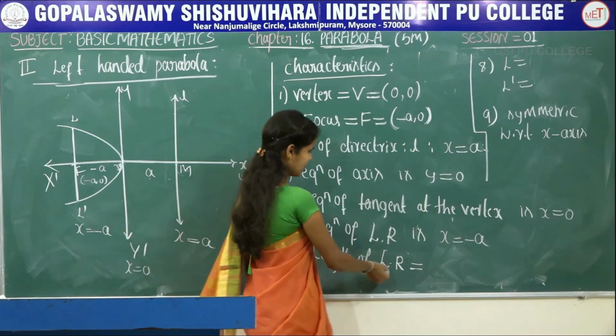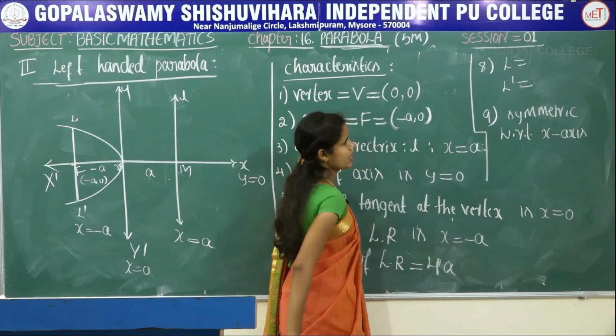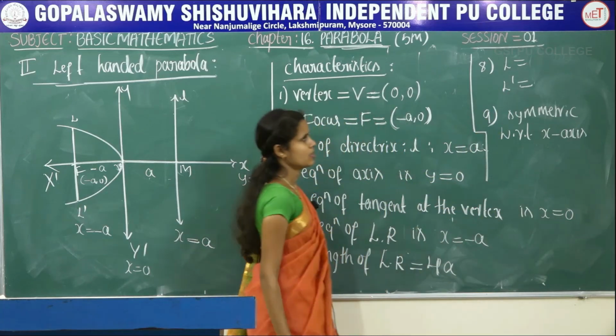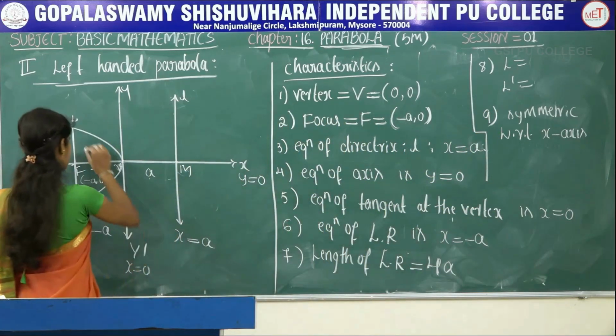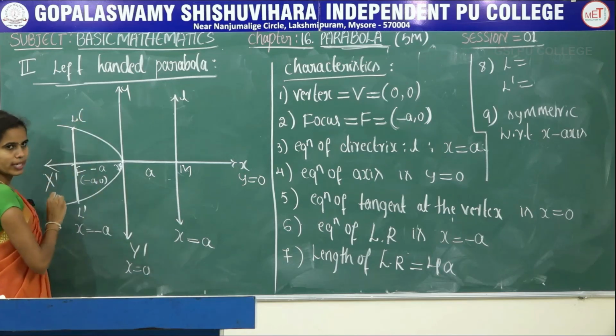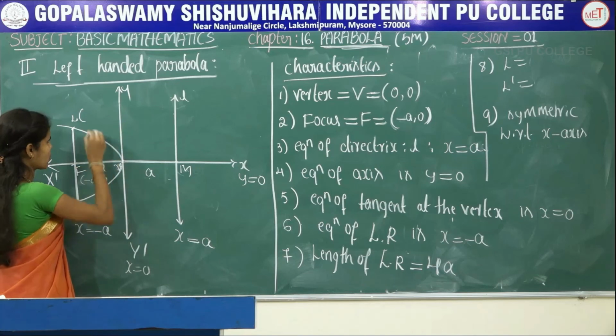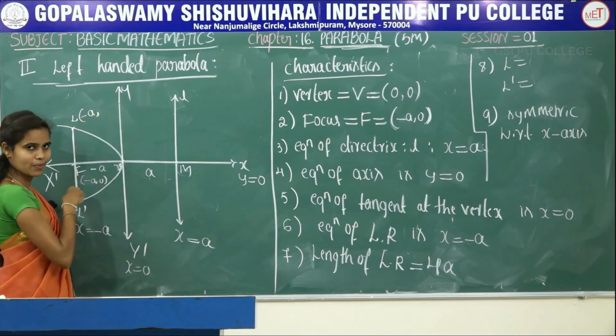Next, length of latus rectum is always 4a. Next, coordinates of end points of latus rectum. X coordinate means perpendicular distance from the y-axis. This distance is minus a, therefore x coordinate is minus a.